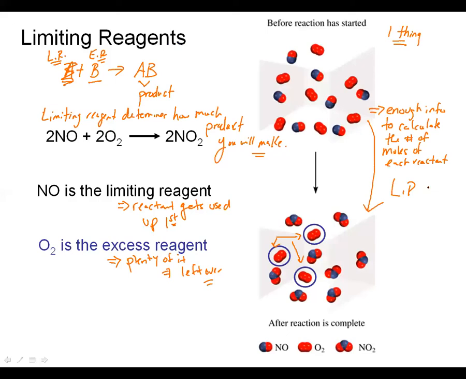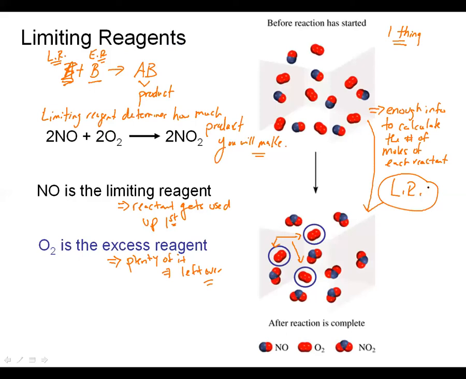Whenever you're given the starting amounts of both reactants, most of the time it'll just be 2. Could be more than 2, but usually it's just 2. If you're given enough information about both reactants, and enough information means you can calculate the moles of each of those reactants, then it is a limiting reagent problem. A lot of the steps are similar, but you do need to figure out that limiting reagent.